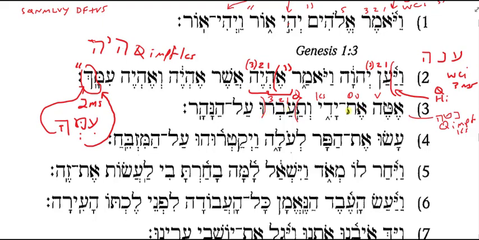So I will stretch out my hand. Vav with the prefix conjugation form could indicate purpose or just the result. So I will stretch out my hand and you will cross, or I may stretch out my hand so that you may cross al hanahar, over the river.